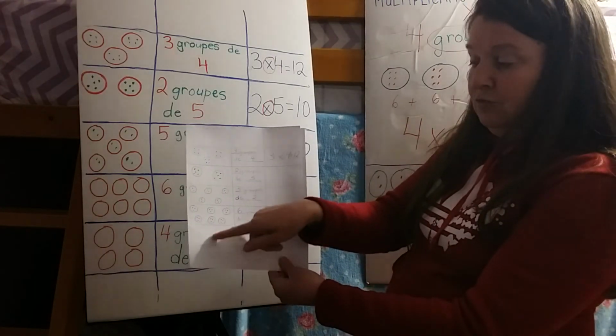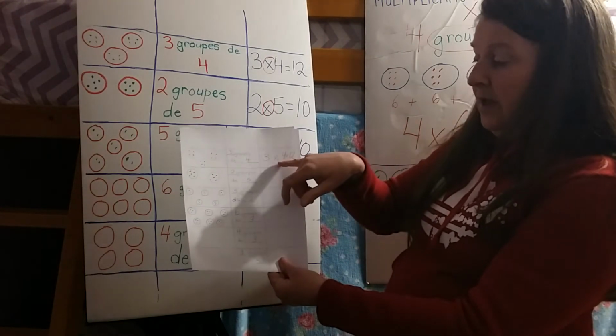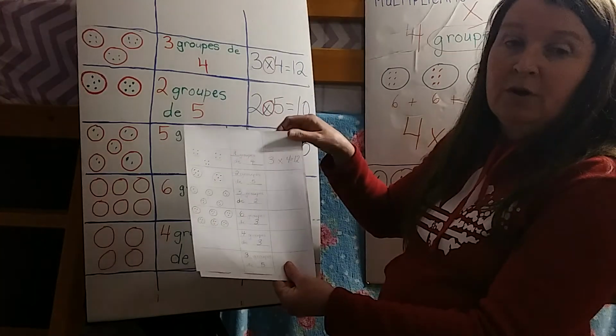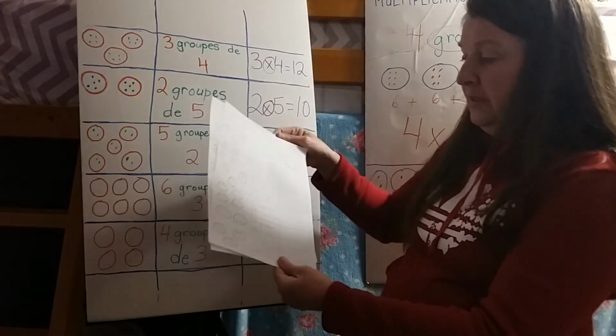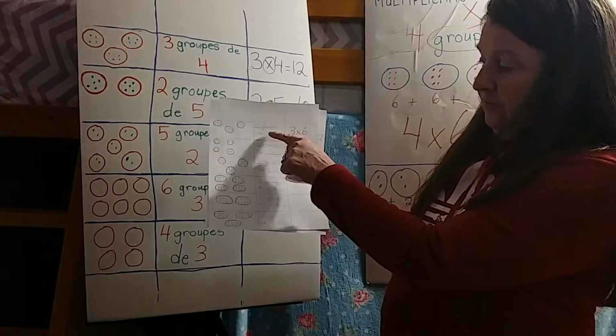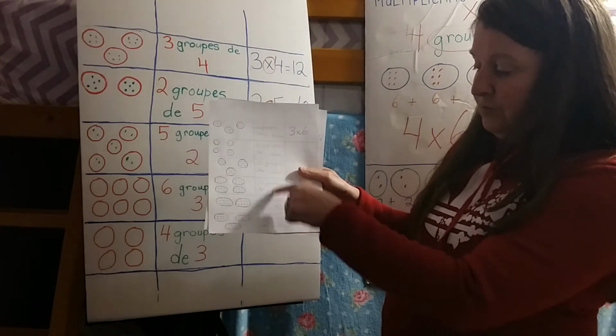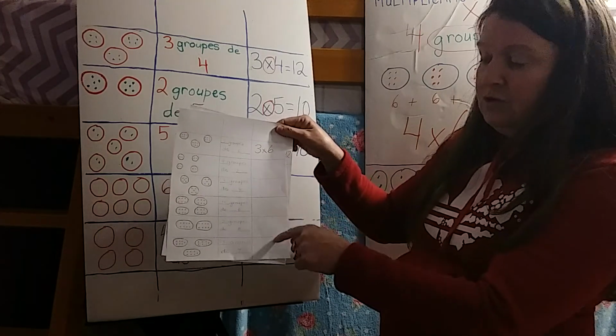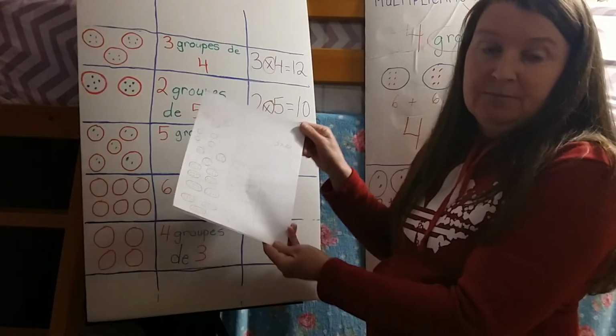And I would like you to draw the pictures that are missing, and I would like you to put the multiplication question for each box. Here I have given you the pictures. I've given you the numbers in the groups of sentences, and I would like you to write the multiplication question in each box.